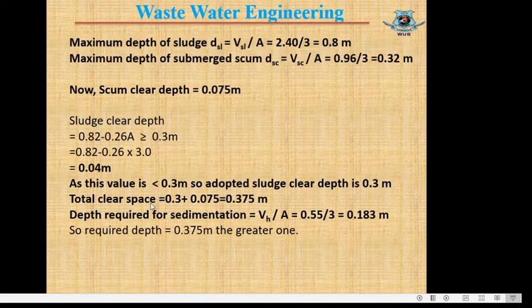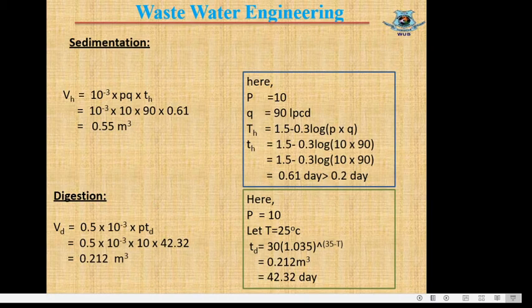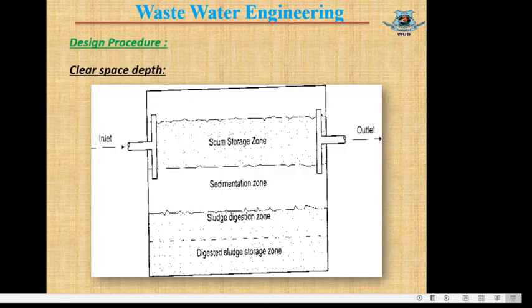So the total minimum clear space, the summation of these values, will be 0.375 meter. This is the total clear space. Clear space means the sedimentation zone.